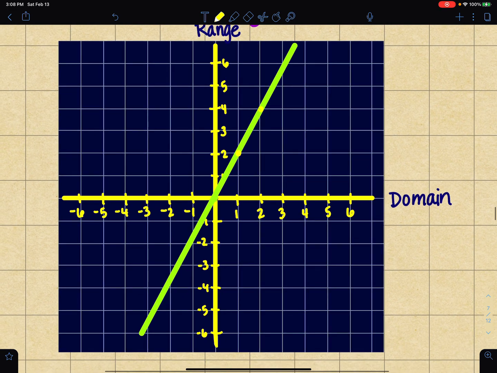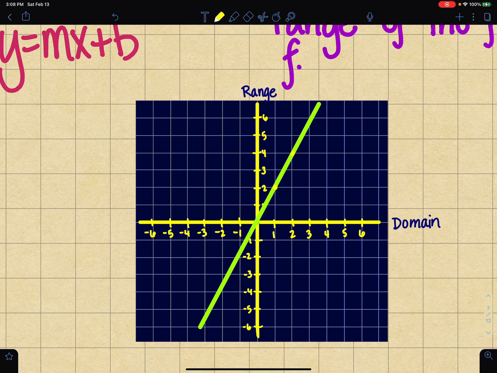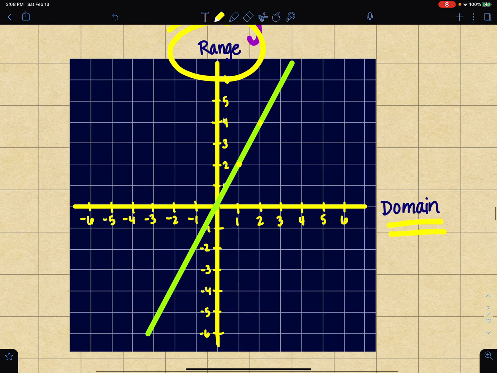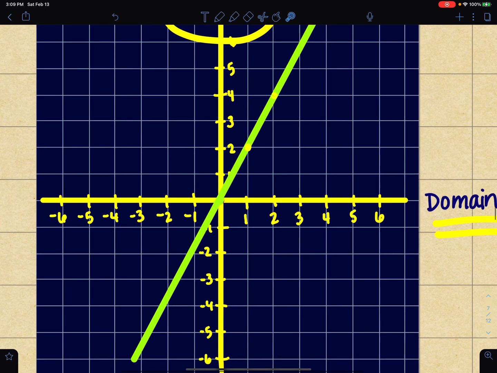So imagine that this goes on forever in either direction. What is the domain? That's the x value. And what is the range? That's the y value. So the domain, what can I put in for x? Well, I could put in anything because if this goes forever this way, x could be 6, x could be 1, x could be 0, x could be a negative number, and it looks like there's always going to be a y associated with it, and it could be half numbers, right?